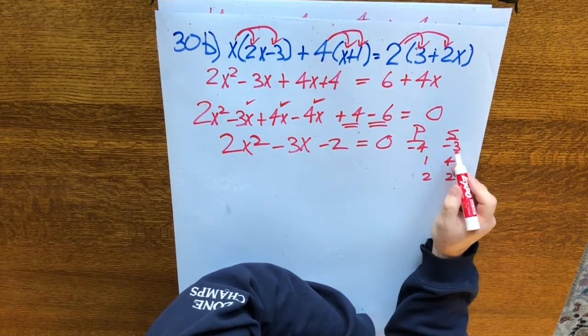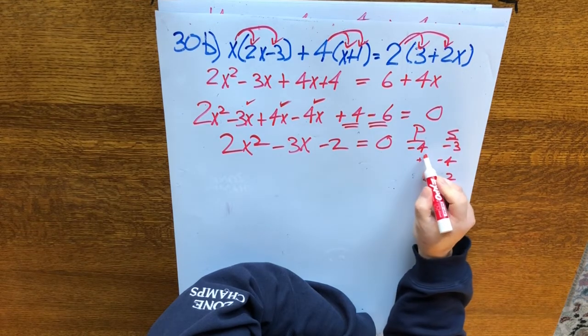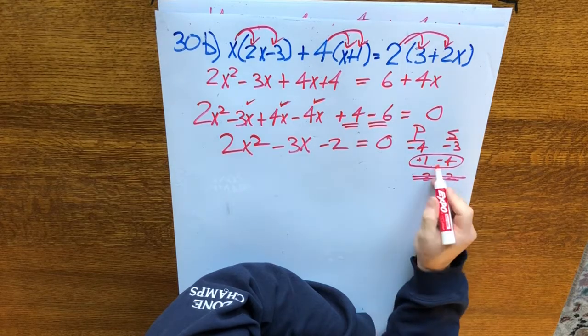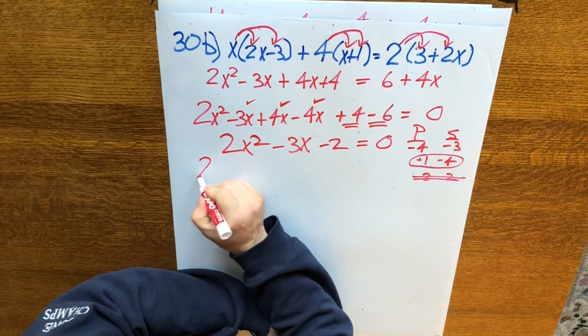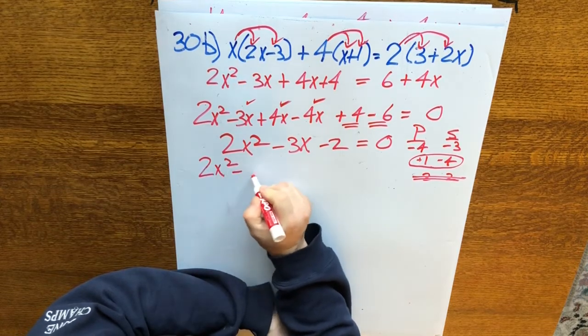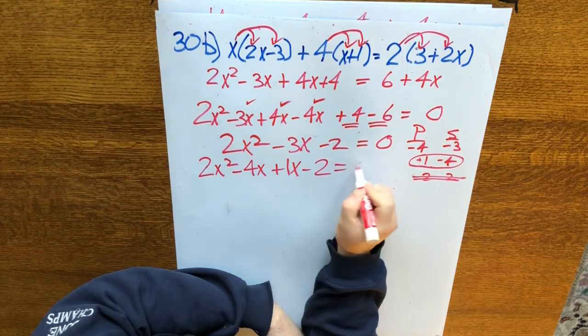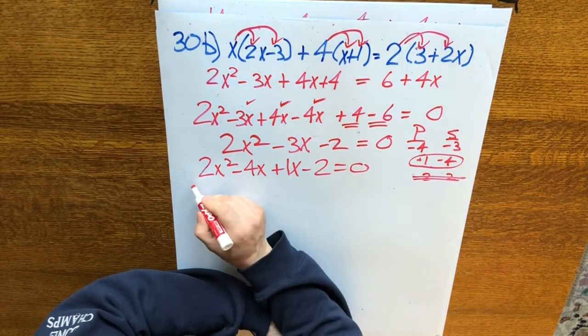And I want it to be a negative 3 sum, so I need a negative 4 and a positive 1. These are my magic numbers. This is my pair. I'm going to use that in decomposition. 2x squared minus 4x plus 1x minus 2 equals 0. I use these magic numbers in here, decomposing the middle term.